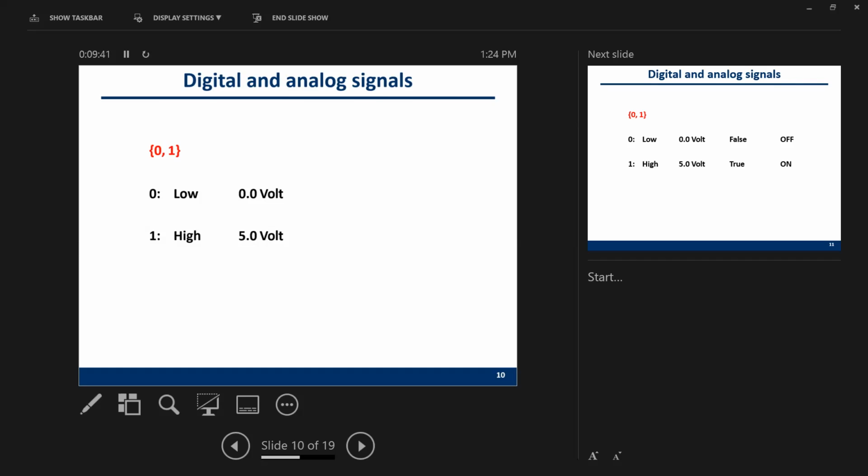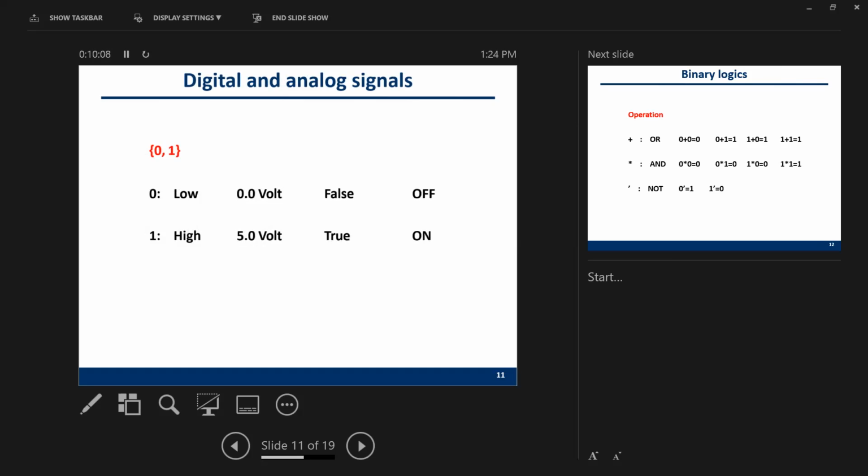Here is some example. In order to represent 0 and 1, we can use voltages. High voltage means 1 and low voltage means 0. You can even use a switch to indicate 0 and 1. When the switch is closed, it's on, so it represents high voltage.